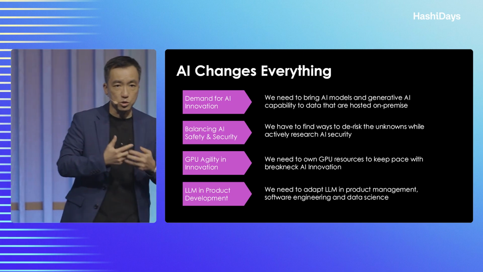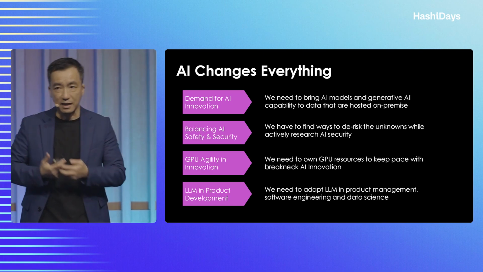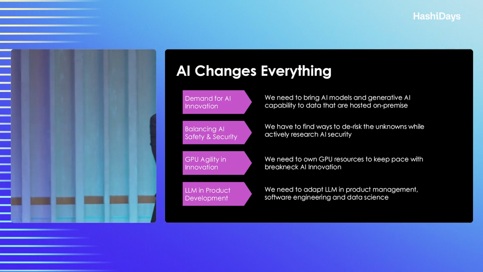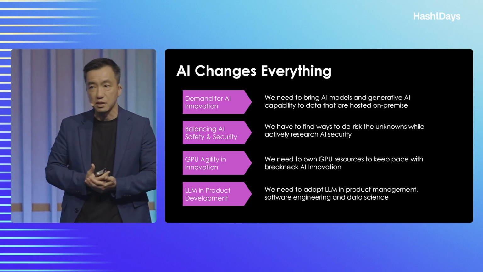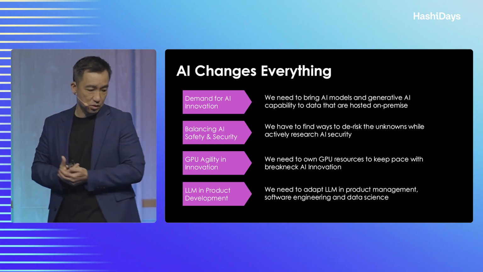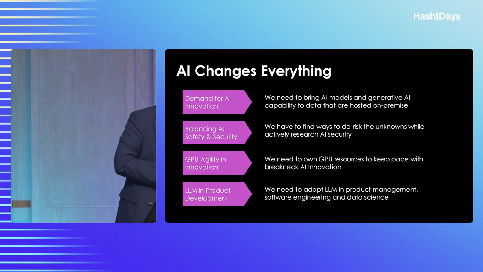In order to participate in the innovation of AI and to de-risk it, the best way for us is to bring the models on-prem, secure them with whatever guardrails we learn, and continue to learn about AI safety and security while being assured our data is safe and secure. Balancing AI and security is an important part of our strategy.